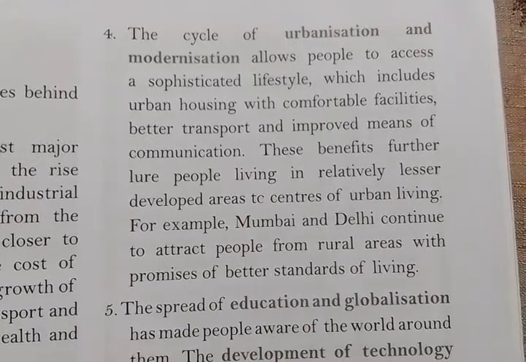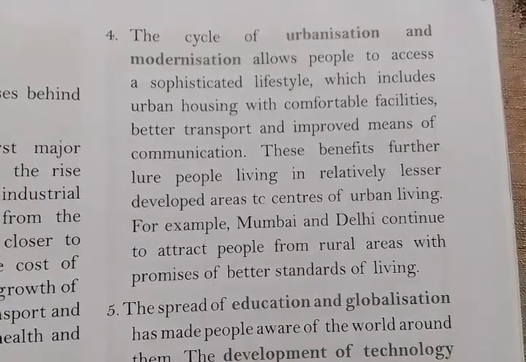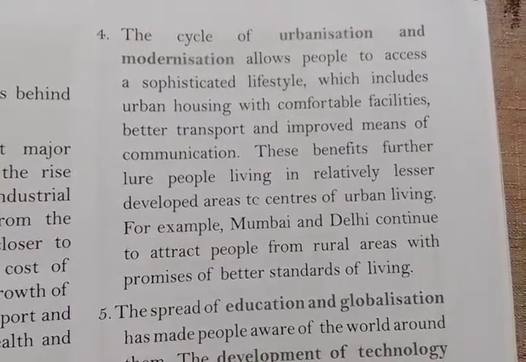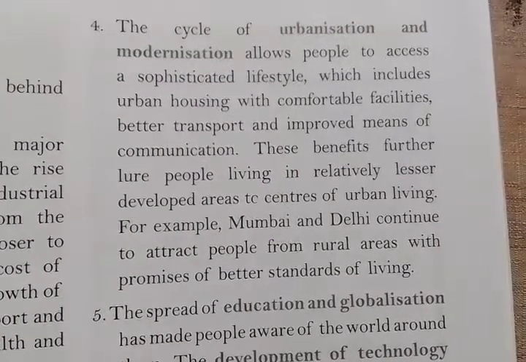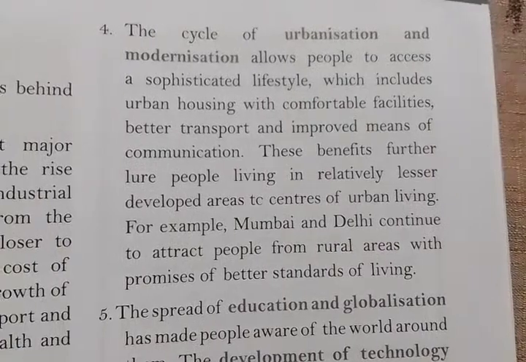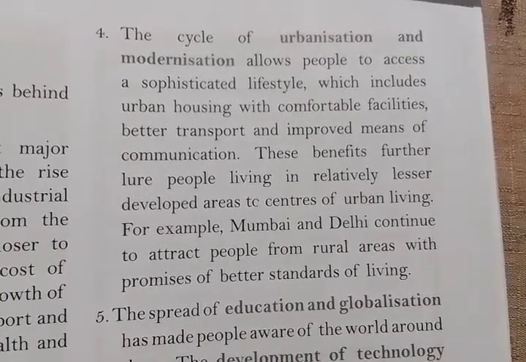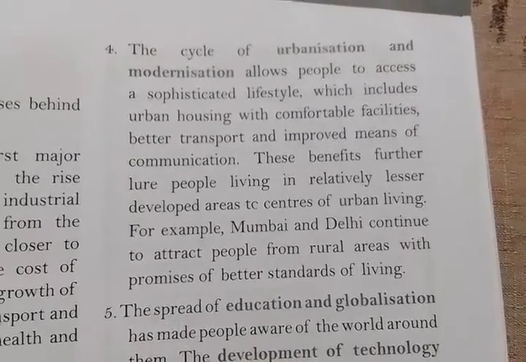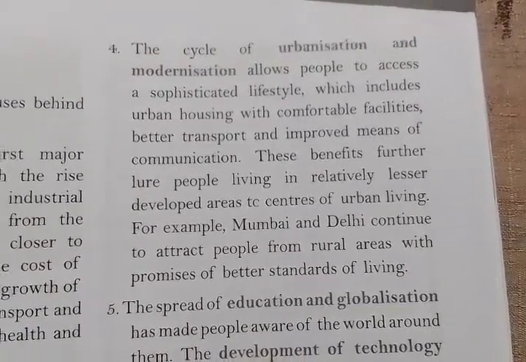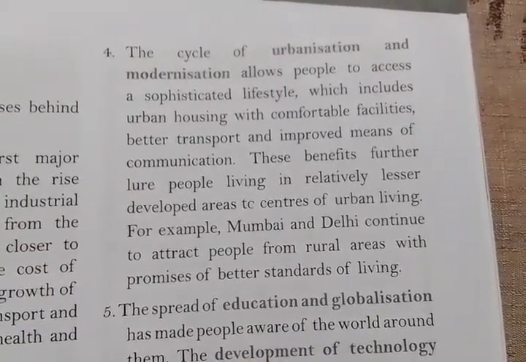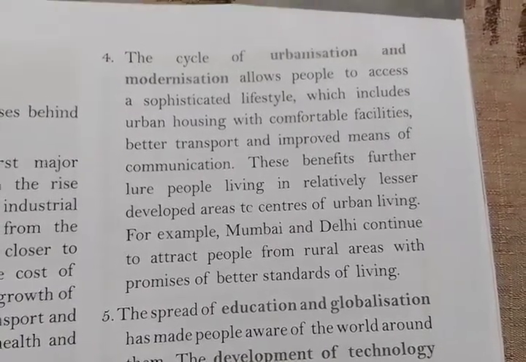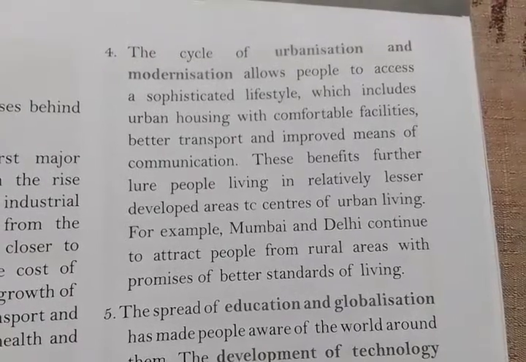To avail such facilities, people living in relatively less developed areas move to centers of urban living. For example, Mumbai, Kolkata, Delhi, such metro cities continue to attract people from rural areas with promises of better living standards.